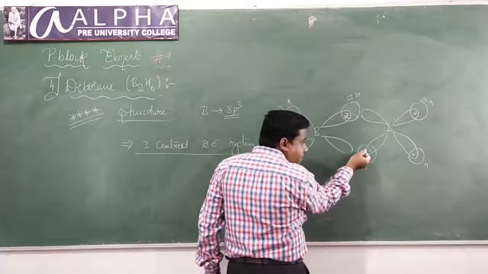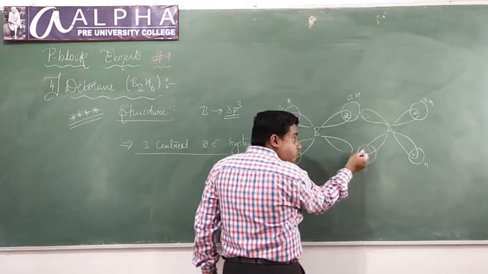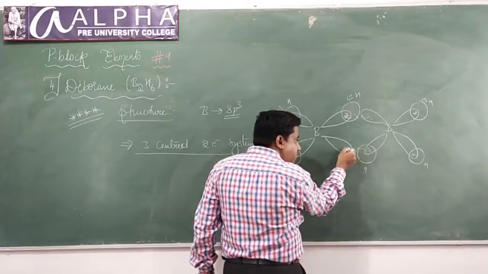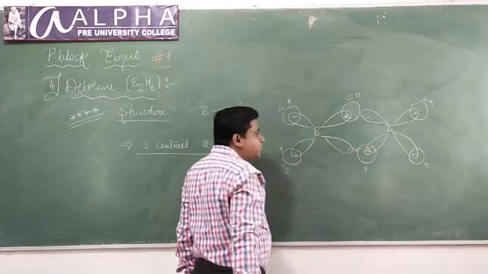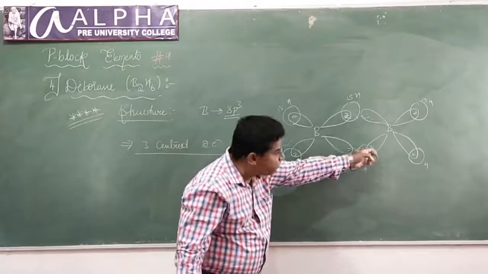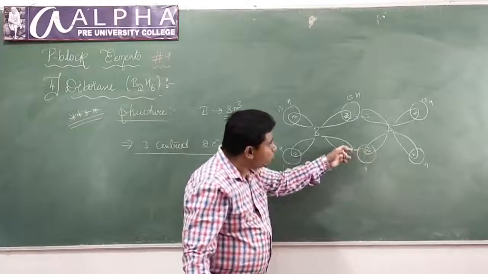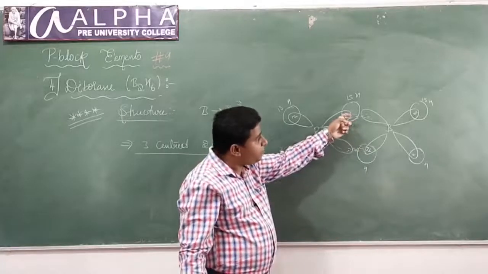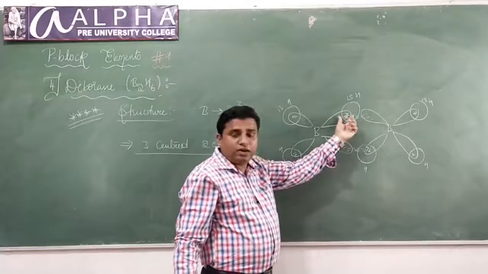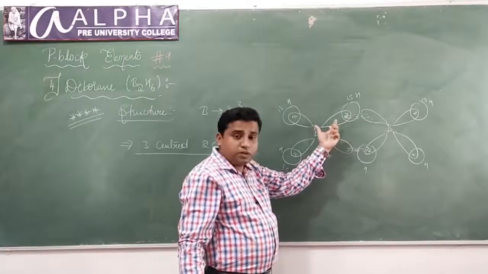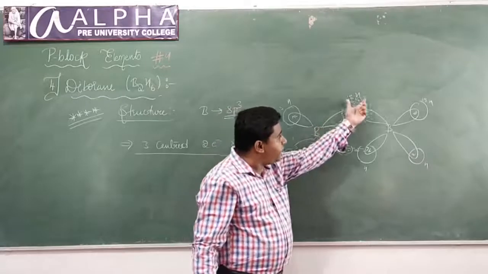On the same lines, these electrons will momentarily try to drift from here to here. There are 2 electrons here and 2 electrons here. So these electrons will drift from this orbital to this vacant orbital. That means these 2 electrons are shared by boron, hydrogen and boron.